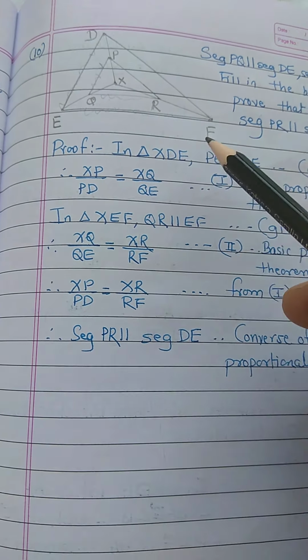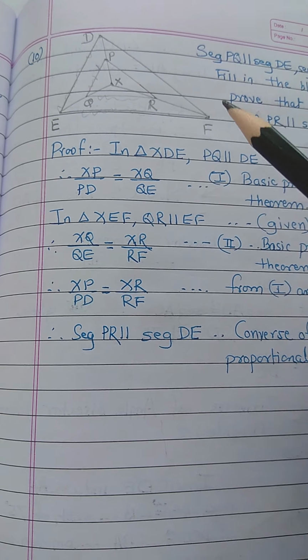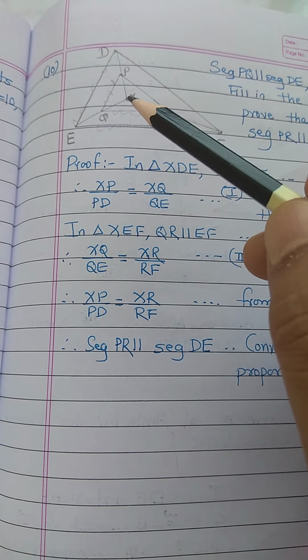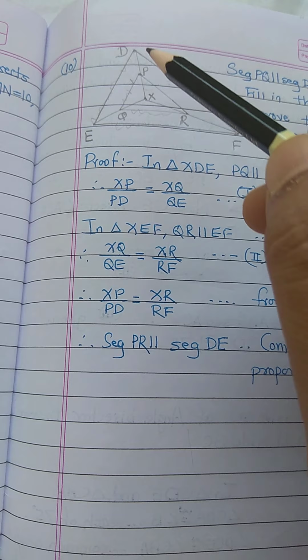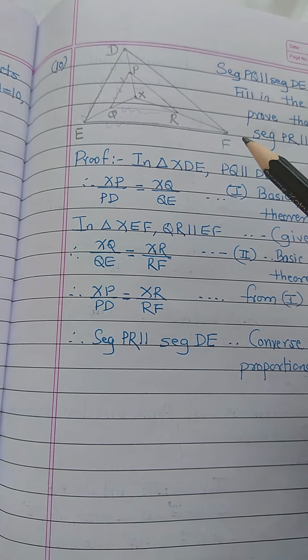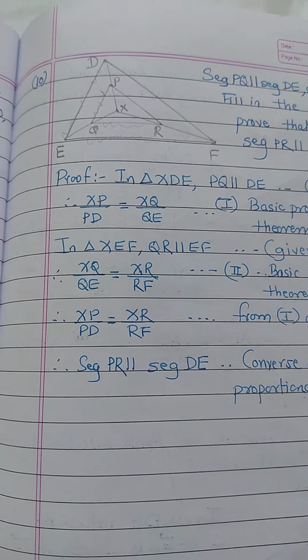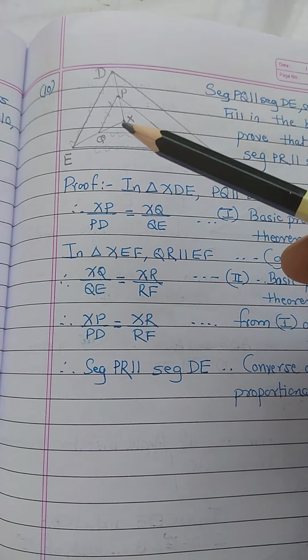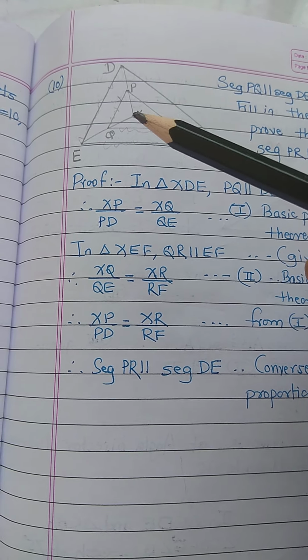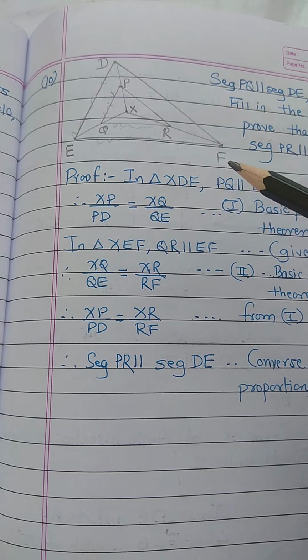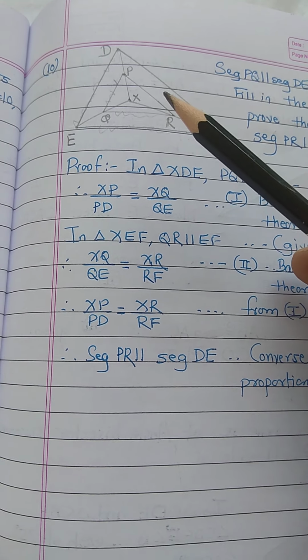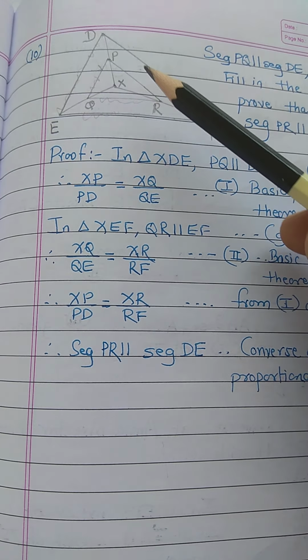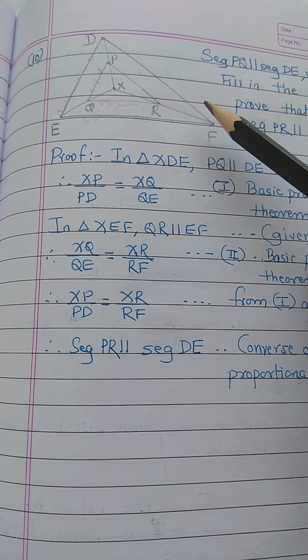Therefore, in triangle XEF, we can apply the basic proportionality theorem. Similarly, in triangle XDE also, we can apply it. Therefore, XP upon PD will become equal to XR upon RF, and then by the converse of the basic proportionality theorem, we can say that PR is parallel to DF.